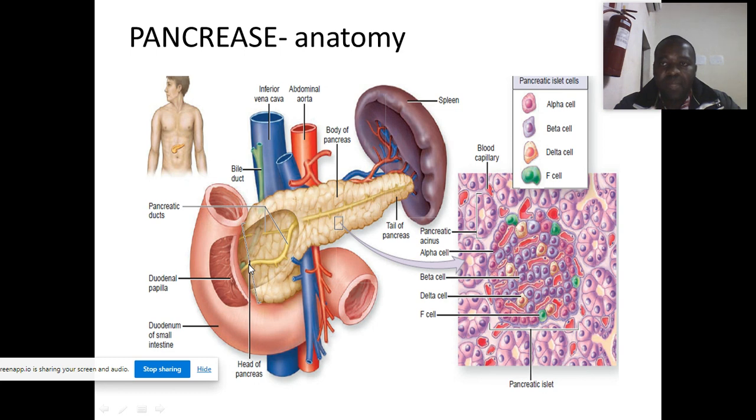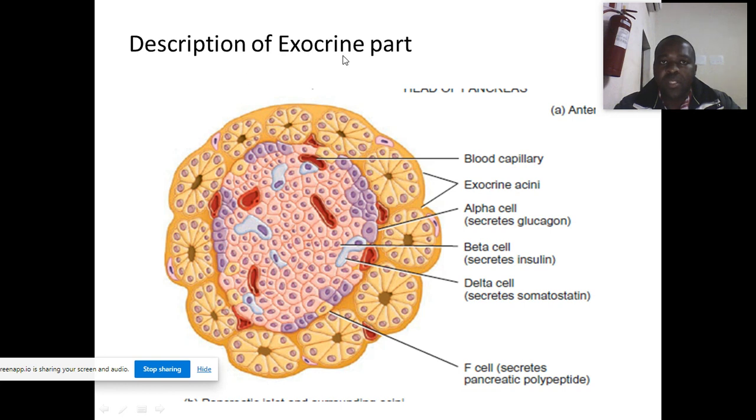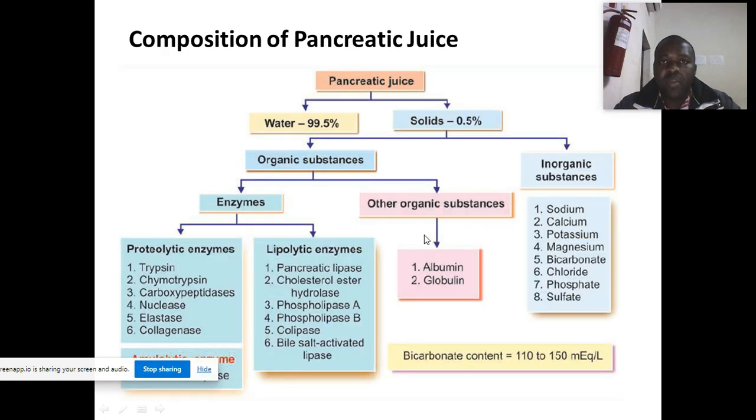From the gallbladder and the liver, the common bile duct. So this is a description of the exocrine pancreas. And then the composition of pancreatic juice. The most important thing is it is rich in bicarbonate content, 150 milliequivalents per liter.